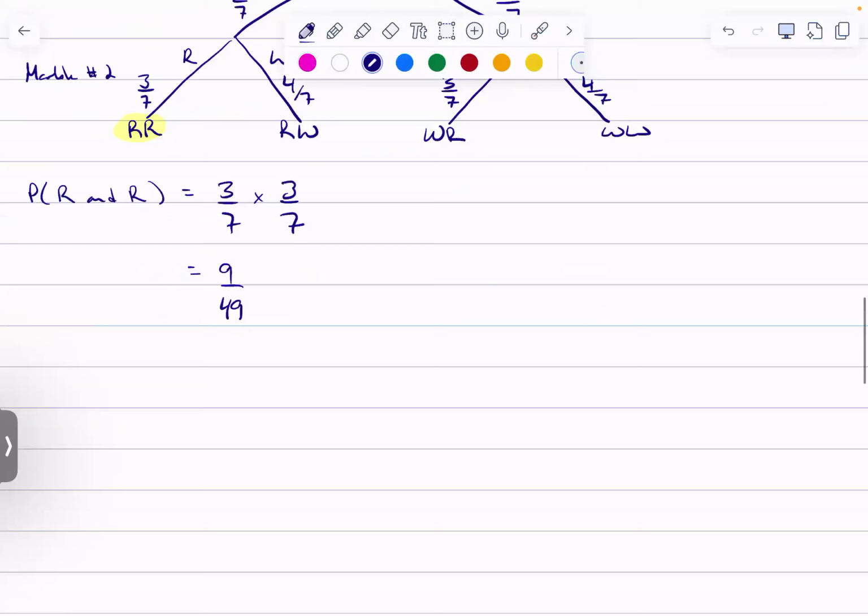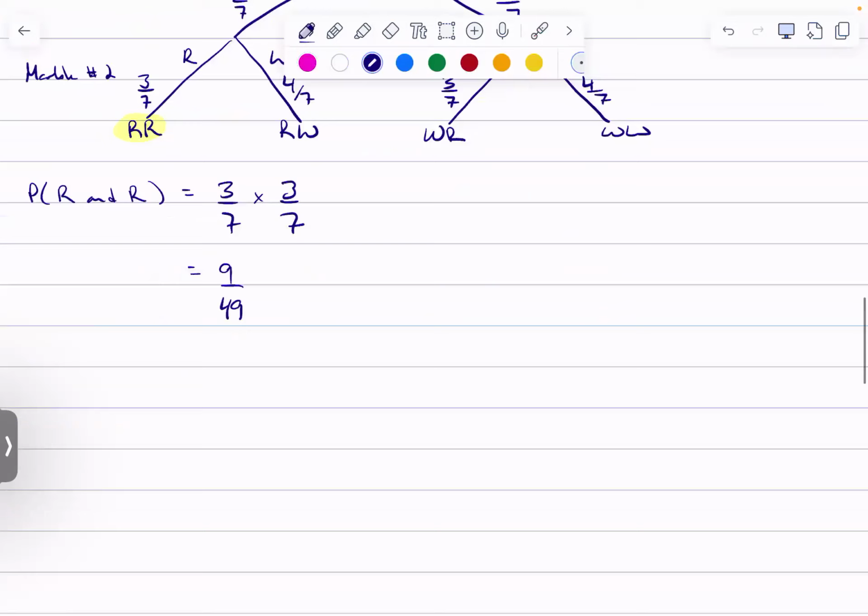And you can use your calculator. 3/7 feels like it's going to be a bad number. It is bad. You can just use your calculator. If you are comfortable working with fractions, that's cool. You don't have to, right? Multiplying fractions is relatively easy. You can just multiply across, right?